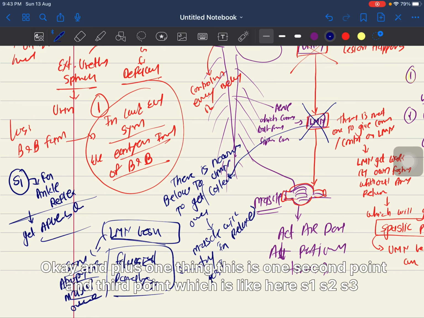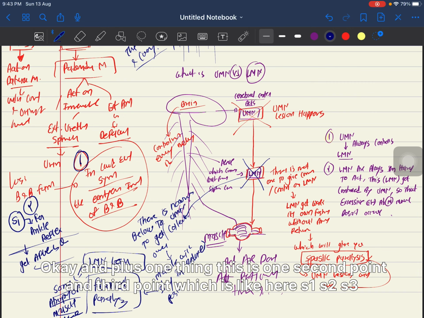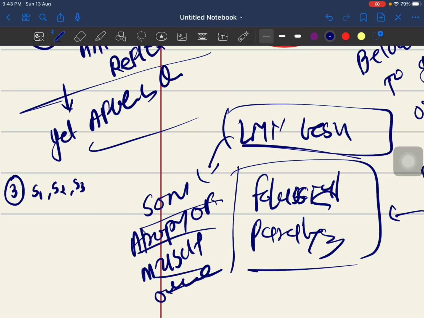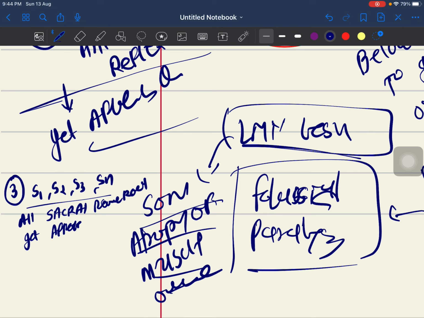Okay, and this is the second point, and the third point: S1, S2, S3, S4, all sacral nerve roots get affected.